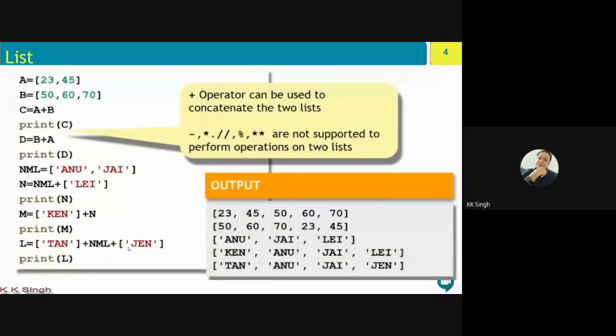Similarly, after Zen there was no comma. But over here, 10 is enclosed within square brackets, and Zen is also enclosed in square brackets. So when you apply concatenation, it will give you 10, Anu, J, and Zen. So you will observe that there is no error if you remove the comma after 10.